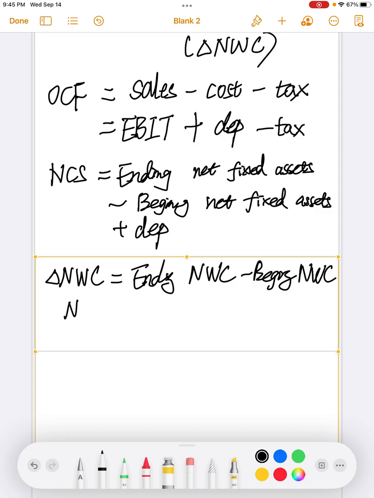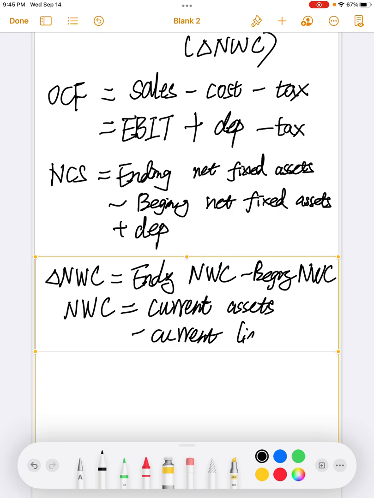Remember that working capital is not given in the financial statements either, but we can calculate it by subtracting current liabilities from current assets. The NWC at the end of the period equals the NWC in that period, and the NWC at the beginning of the period equals NWC in the previous year.